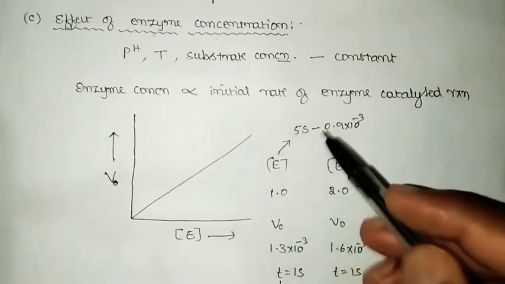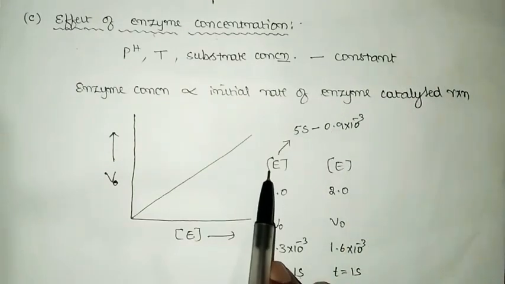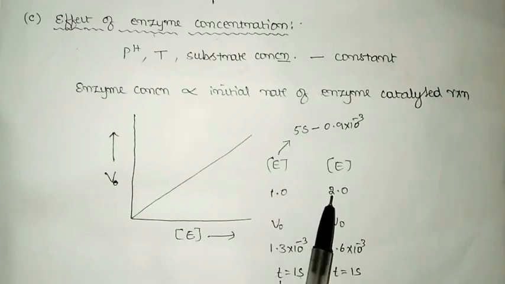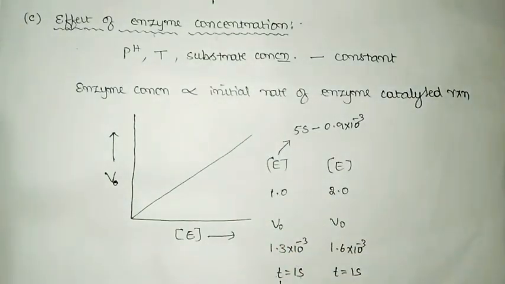That means the rate of the reaction decreased. When you increase the concentration of the enzyme, the initial velocity of the enzyme catalyzed reaction will increase, but as the reaction proceeds, the rate of the reaction will decrease.